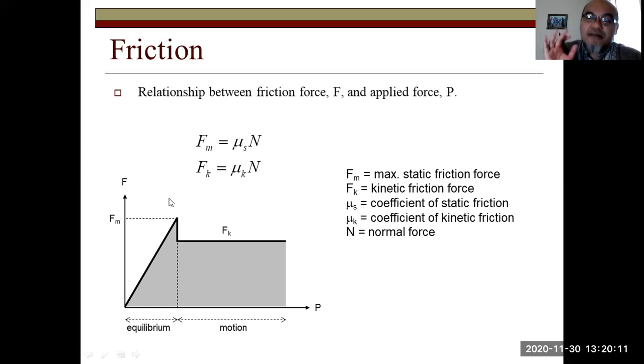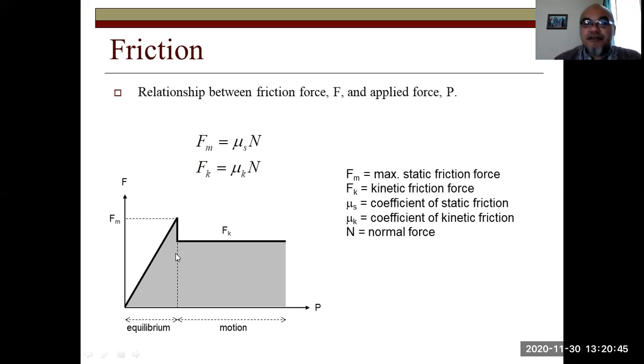However, when we push further, increasing the pushing force on the object until some limit here, the object will eventually move in the direction of the pushing force, and the friction force will be replaced with the kinetic friction force Fk, whose value is constant during the motion of that object. So this is the difference.